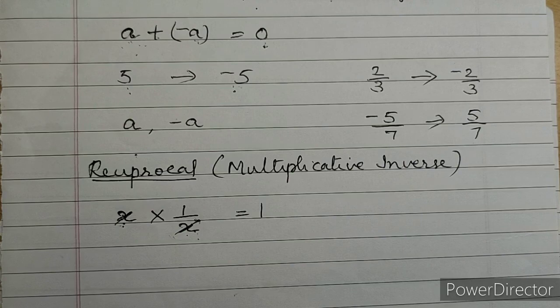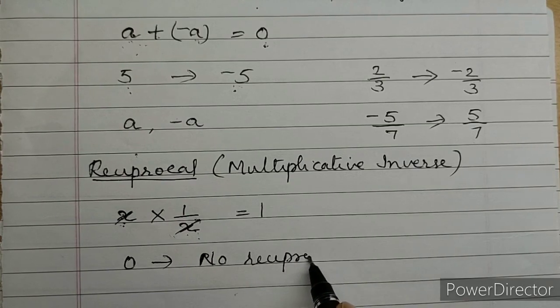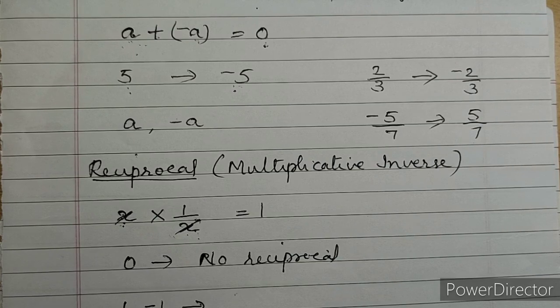Multiplicative inverse of the number. So here also 0 does not have any reciprocal. And 1 and minus 1 are the two numbers whose reciprocals are the same. 1's reciprocal is 1 by 1 only, the same.